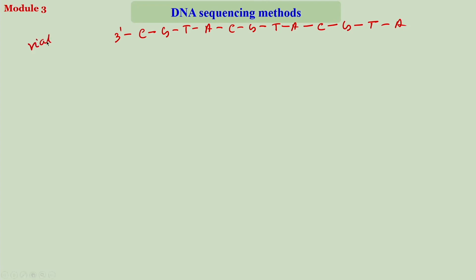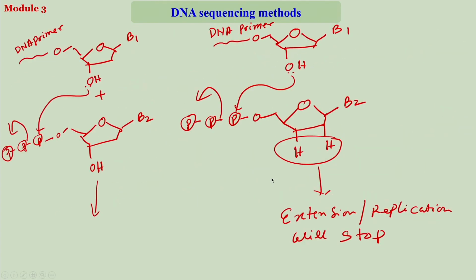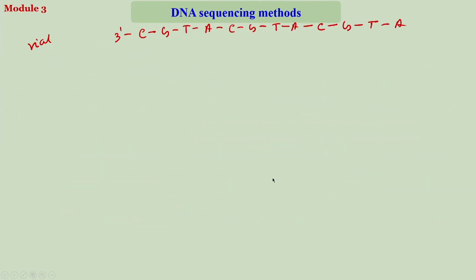So, vial, what was the original one? I am following this. So, TTP, T vial, and then will come the G. Vial T. So, we call it T vial, where you have added ddTTP labeled.